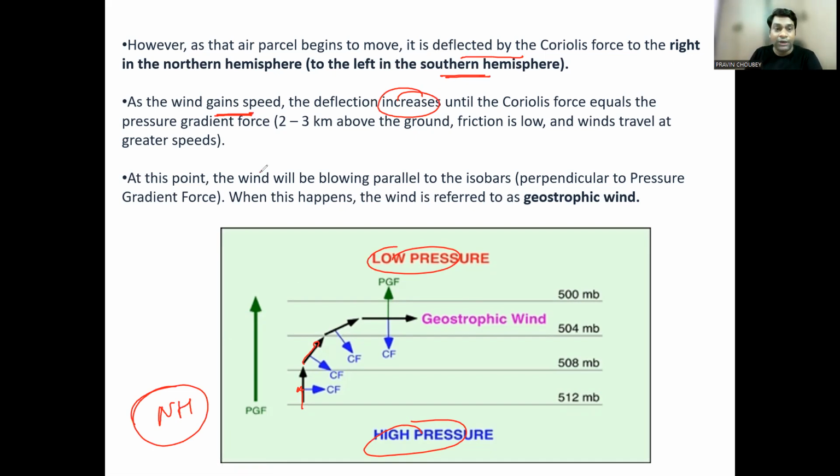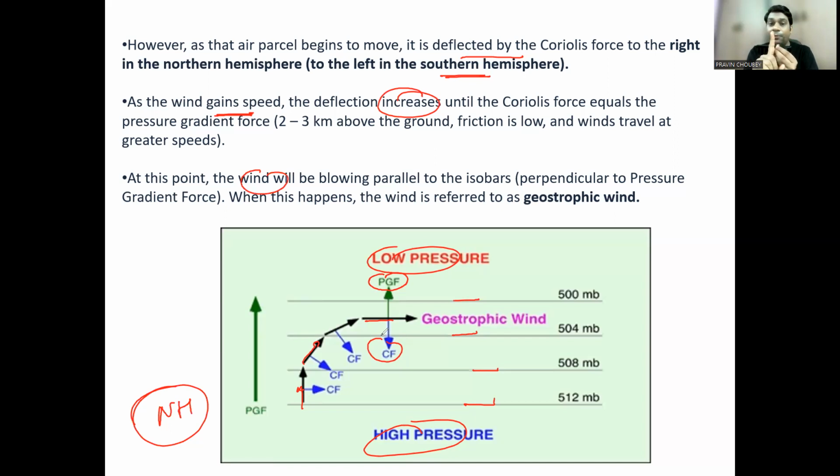At one point, the wind will finally blow parallel to this horizontal line, which is called the isobars. Parallel to the isobars, both the pressure gradient force and Coriolis force are acting opposite to each other. If this is the isobar, and my finger represents the direction of the wind, then the two opposite sides of the plane are the Coriolis force and the pressure gradient force.